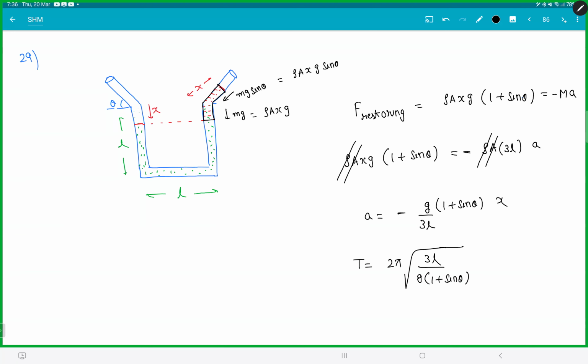Is that making sense? It behaves like there's an incline and there's a vertical thing, isn't it? You can make it even more fun. What if this side angle is theta 1 and this side angle is theta 2? If you put theta 1 and theta 2, then what will you do?